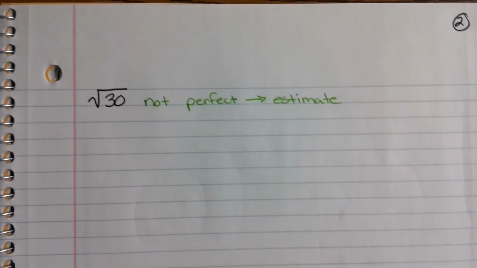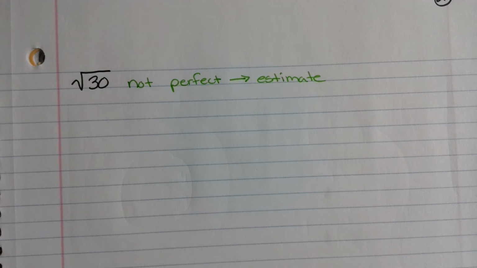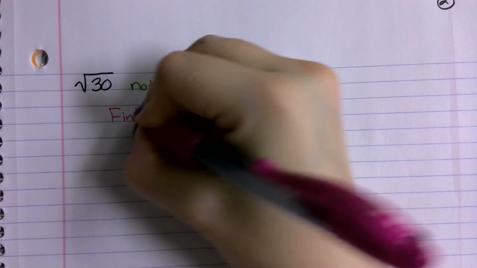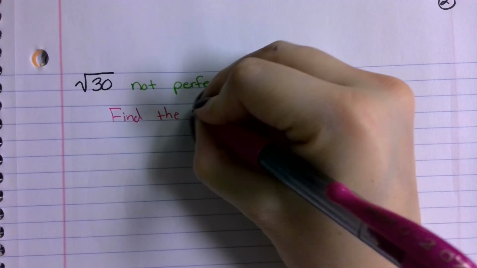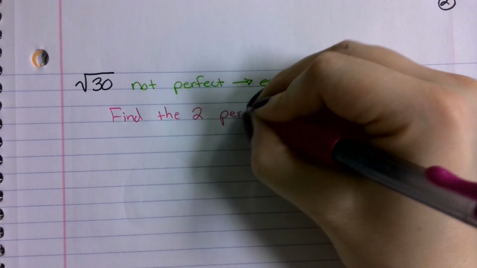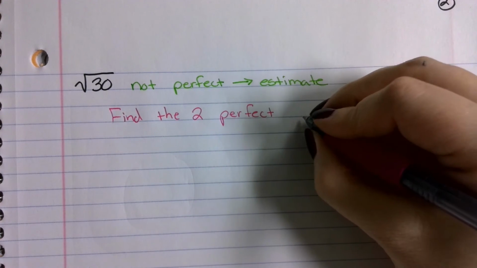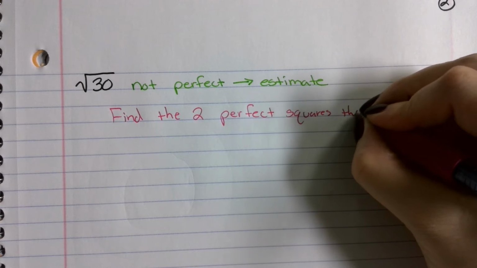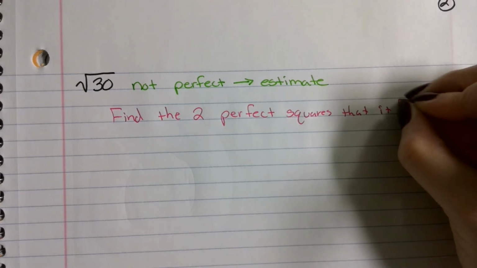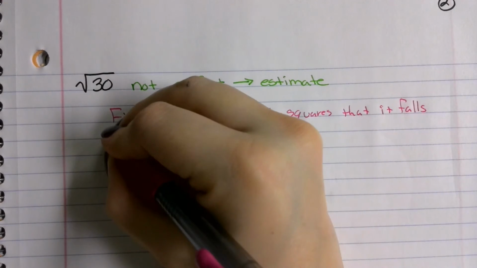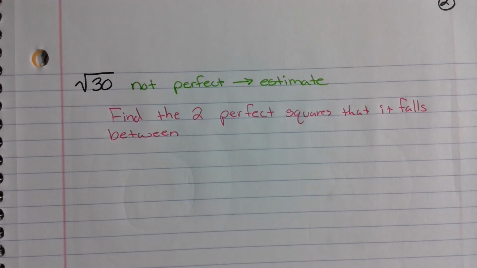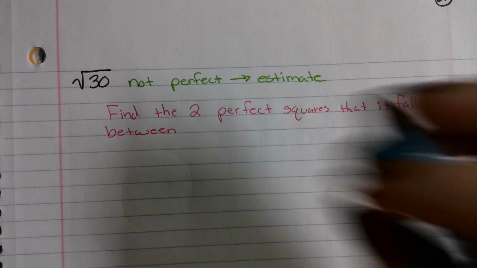So when you're estimating non-perfect squares without a calculator, what you have to do is find the 2 perfect squares that it falls between. So square root of 30.